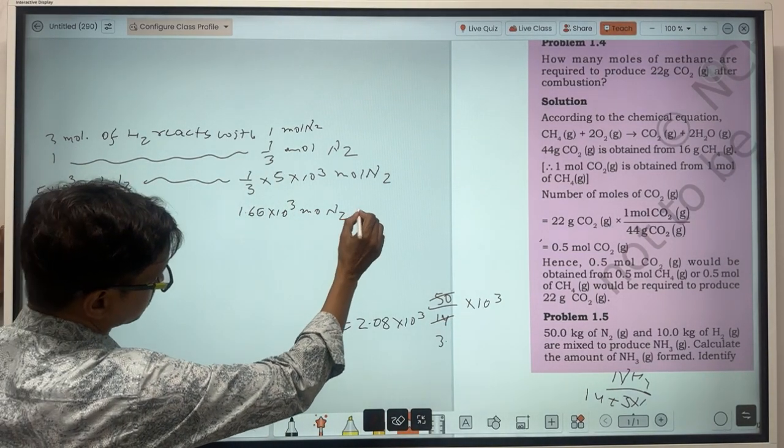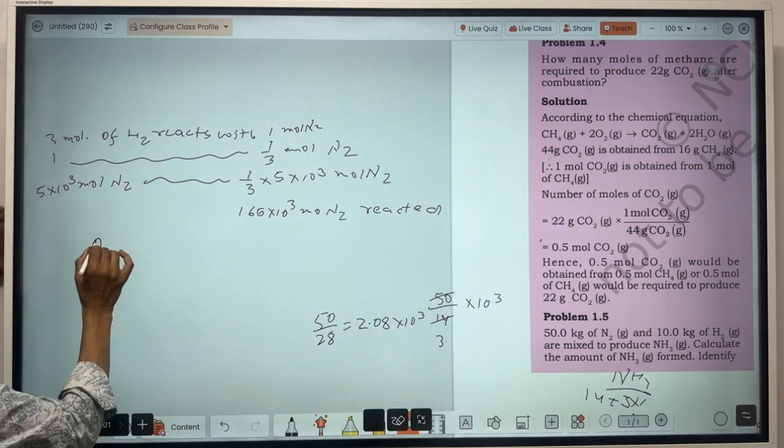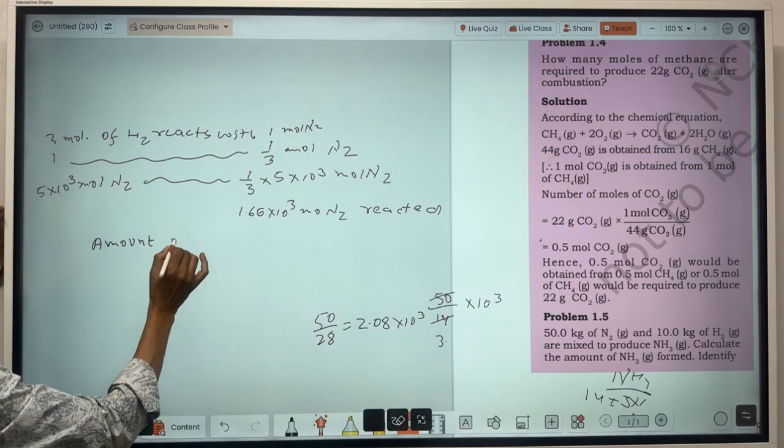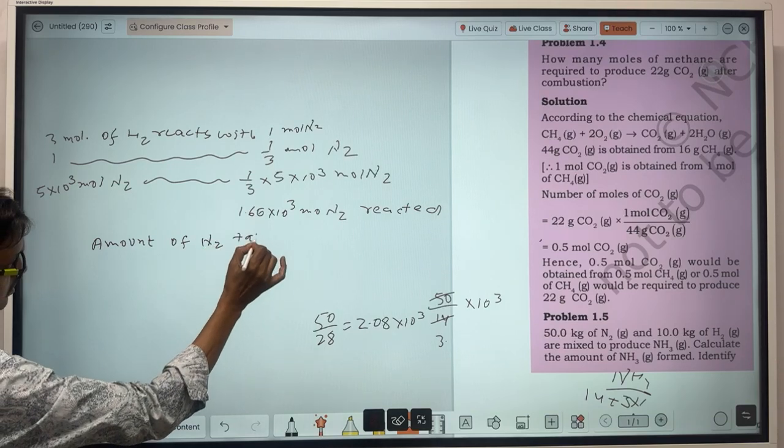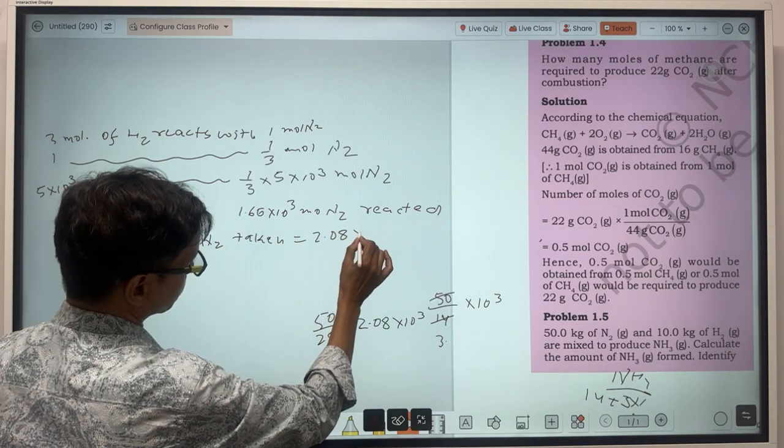That much mole nitrogen reacted, which is 1.66 into 10 power 3, and the amount of nitrogen taken is 2.08 into 10 power 3.